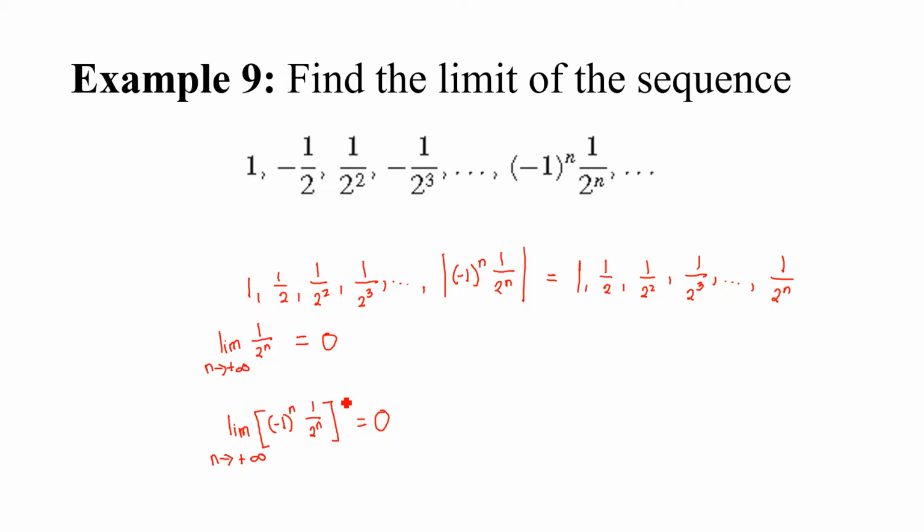So in other words, the limit of this sequence is 0.